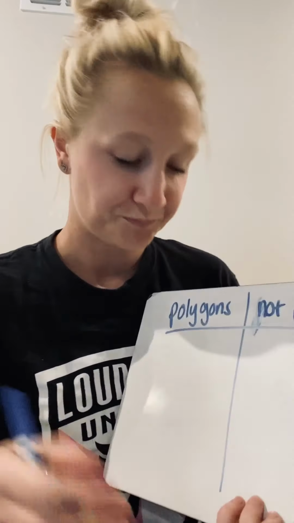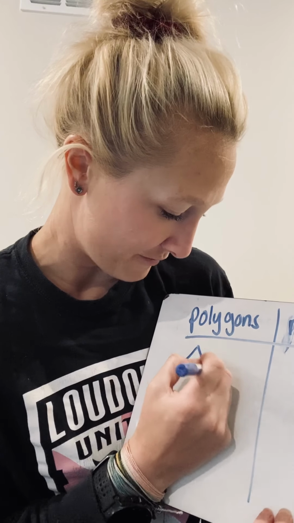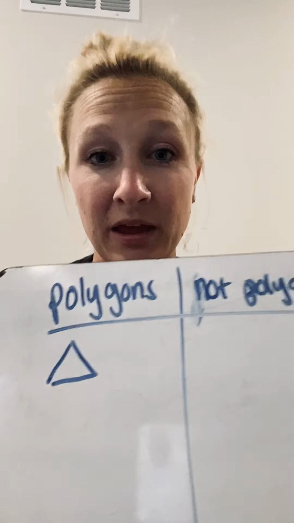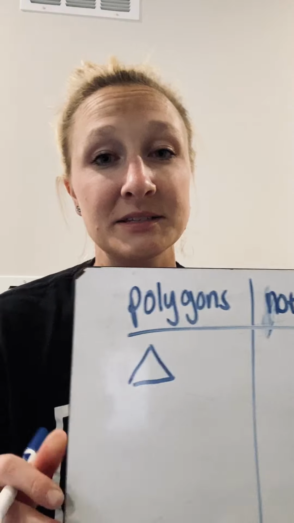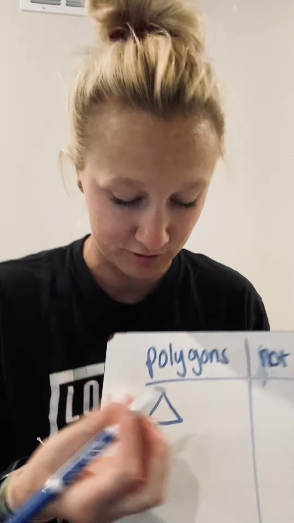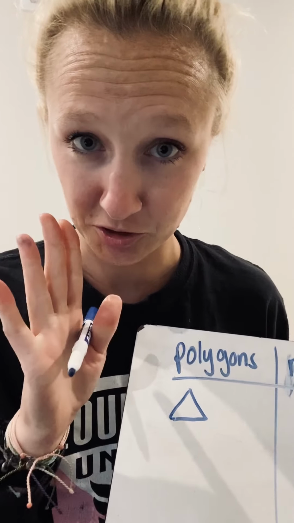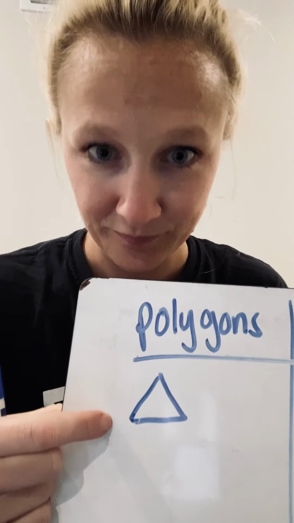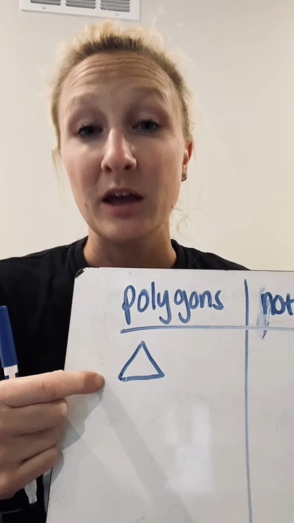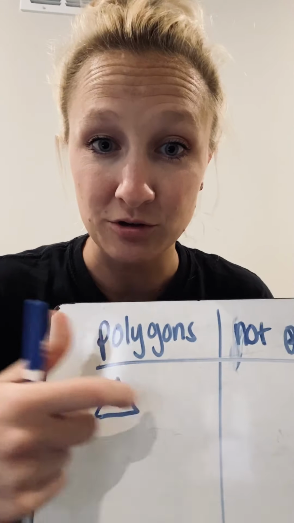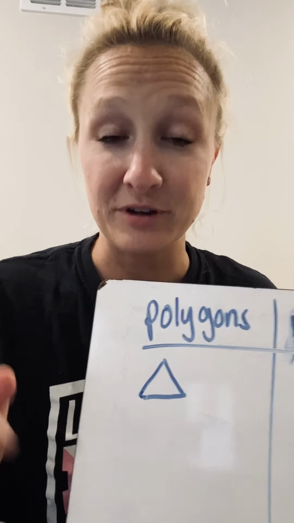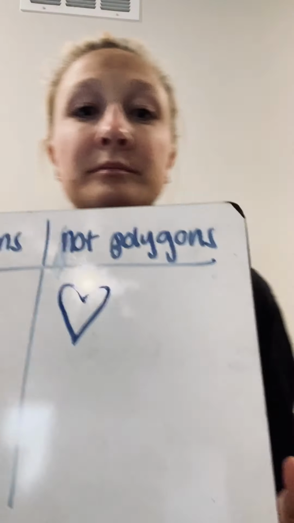Okay, so I'm going to do the simplest one I can think of, a triangle. Now, a triangle is a polygon because, let's check. Number 1, is it closed? Well, pretend like my drawings are better. Yes, it's closed. Number 2, does it have at least 3 sides? 1, 2, 3, yep. And number 3, does it have straight sides? Correct.